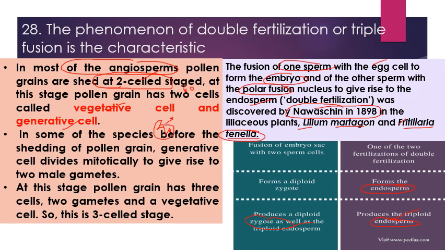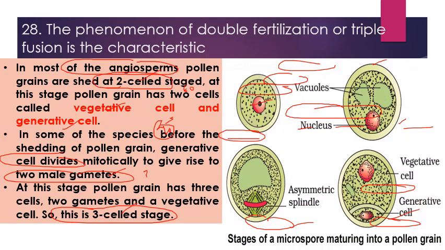In some species, about 40% of angiospermic species, the dispersal occurs at three cell stage. In some species, before the shedding of pollen grains, the generative cell divides mitotically to give rise to two male gametes. So the generative cell gives rise to two male gametes, and at three cell stage the pollen grains are released.